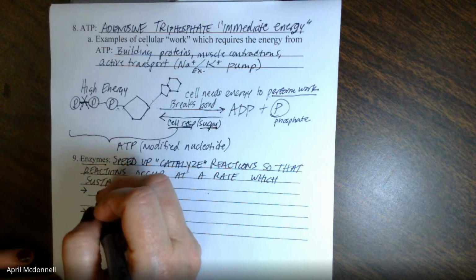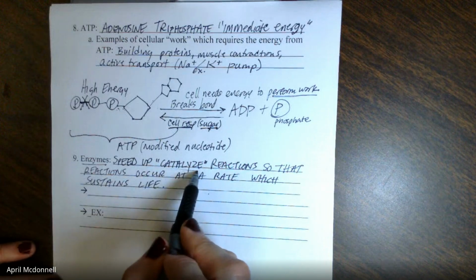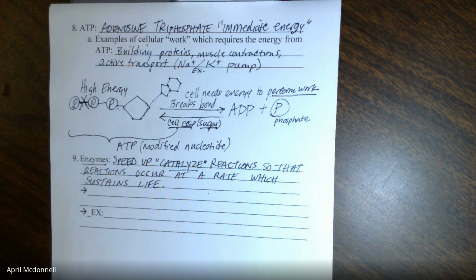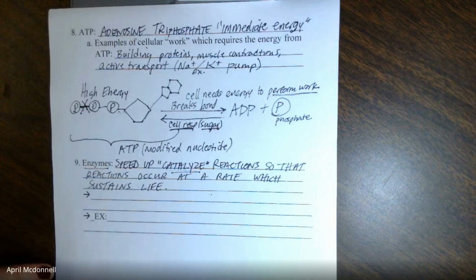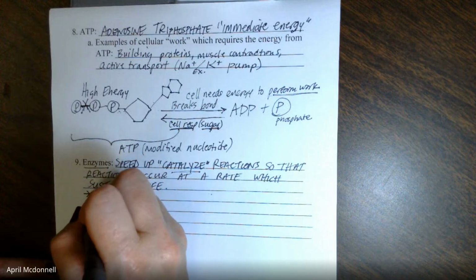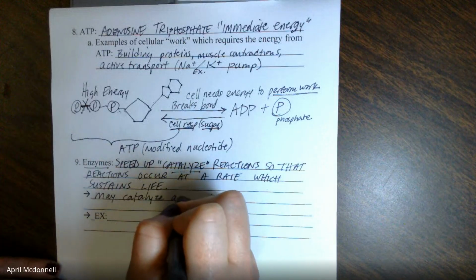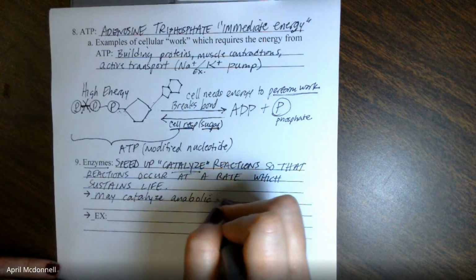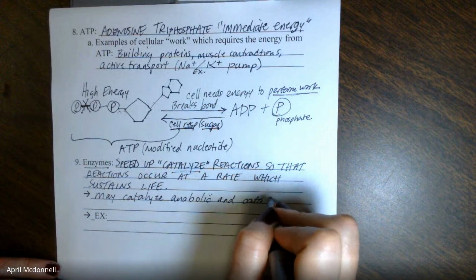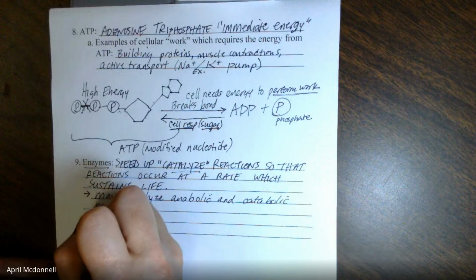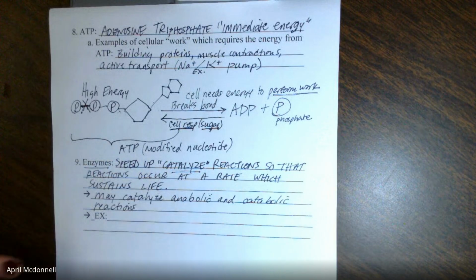Enzymes may catalyze, and that term catalyze means speed up. Enzymes may catalyze anabolic and catabolic type of reactions. Let's give an example of a catabolic type of reaction that an enzyme catalyzes.